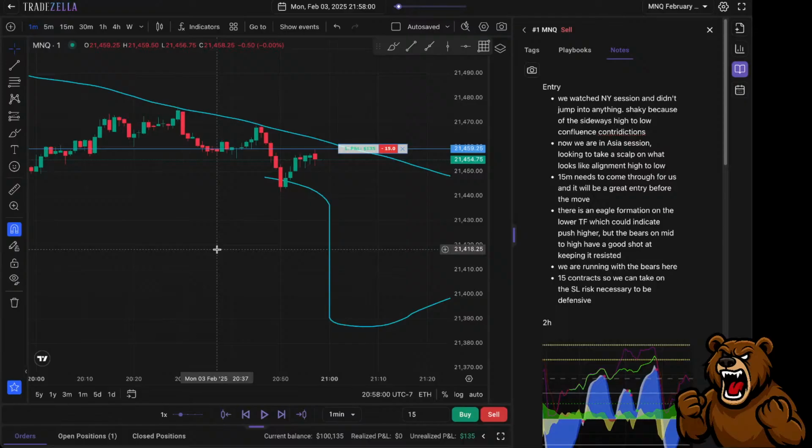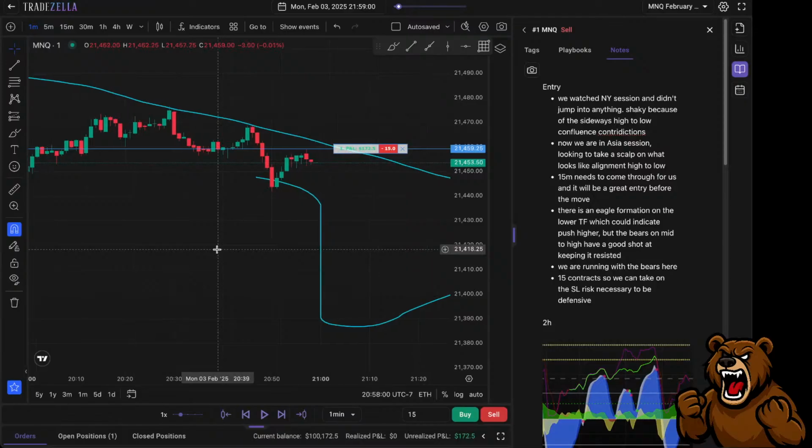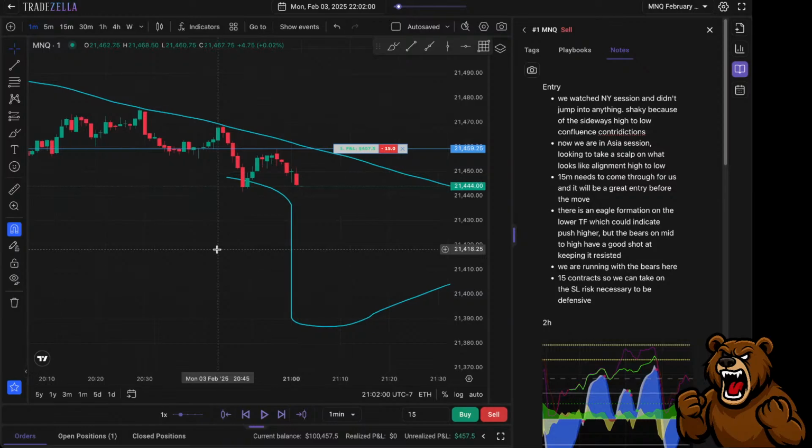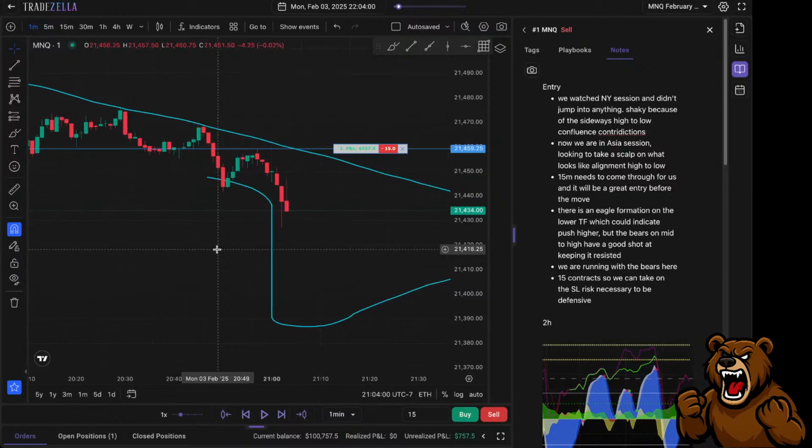Back to 135 in profit. And it's 757 in profit.